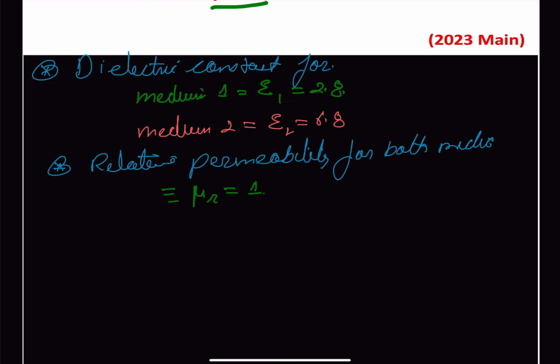And we already know the relationship between the dielectric constant and relative permeability, that is equal to our dielectric constant multiplied by relative permeability. Okay.